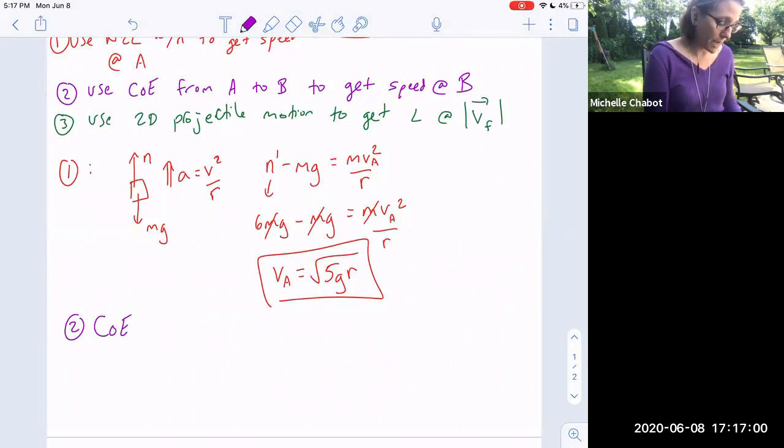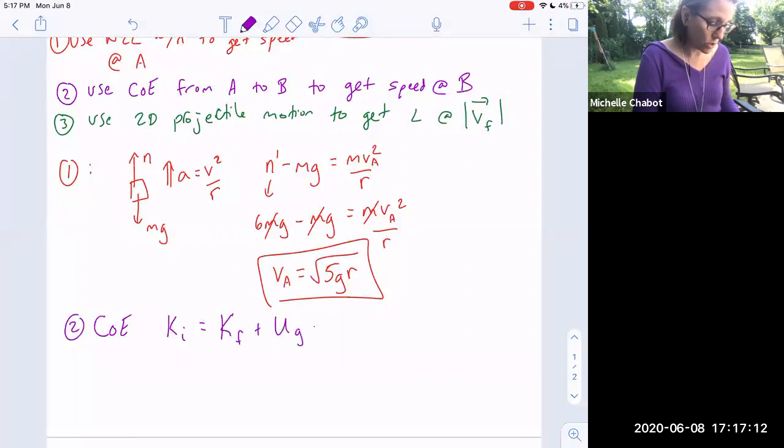I'm going to have my kinetic initial, and I'm going to take that to be my lowest point, so no gravitational potential energy, equal to K final plus UG final. So I can now plug in for these.